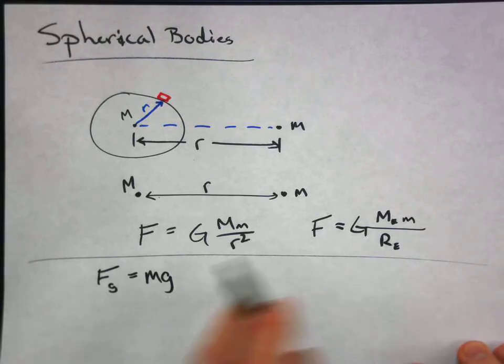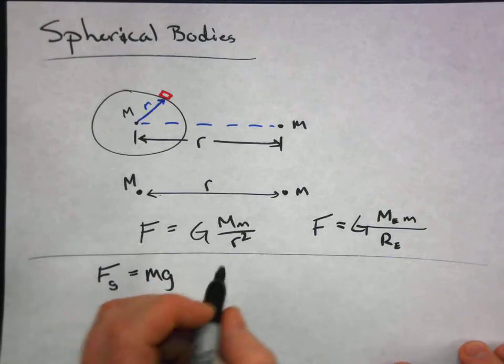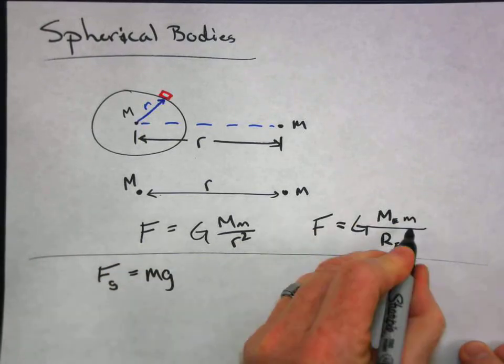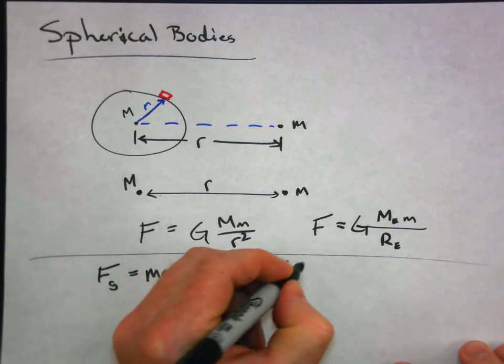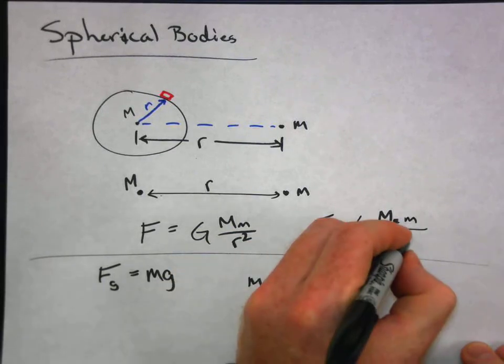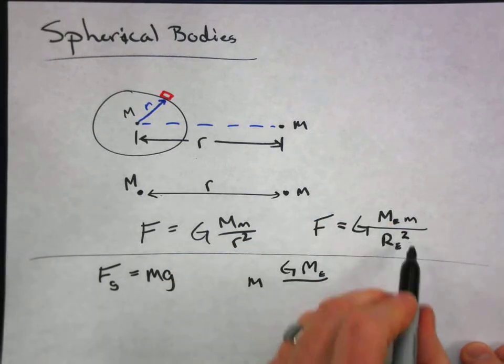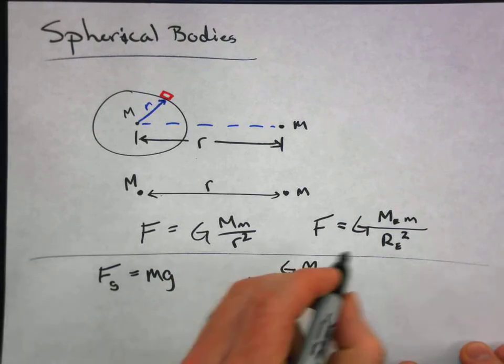What about combining these? Because it sure seems it's going to produce the same answer. And it's interesting, we can definitely do that. I'm going to rearrange this and pull m out of there, and we get G times mass of Earth. Ooh, I forgot something. Squared. Don't forget your exponents. Radius of Earth squared.